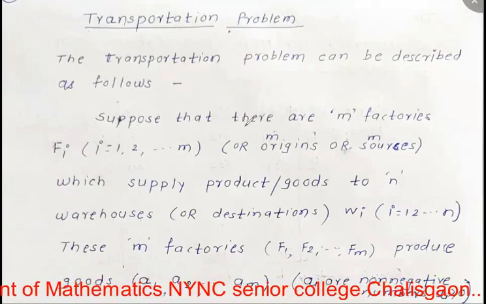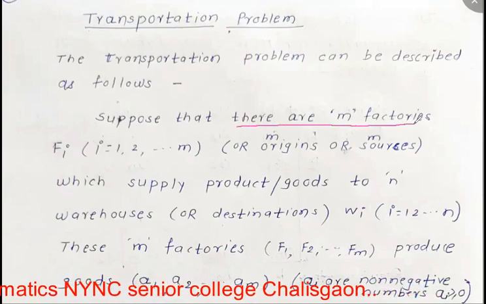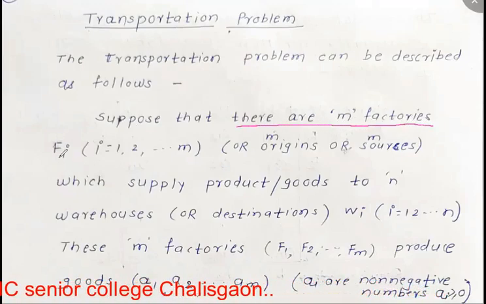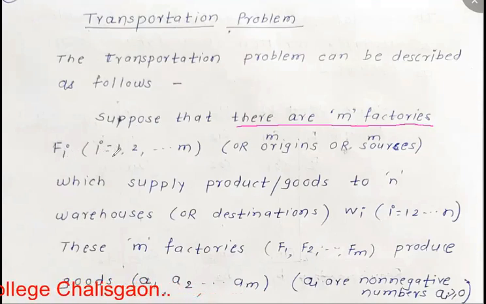Suppose that there are M factories, F suffix i, i equal to 1, 2, 3 up to M. So there are M factories, F1, F2, F3 up to F suffix M. Now instead of factories, we can say that there are M origins or M sources.